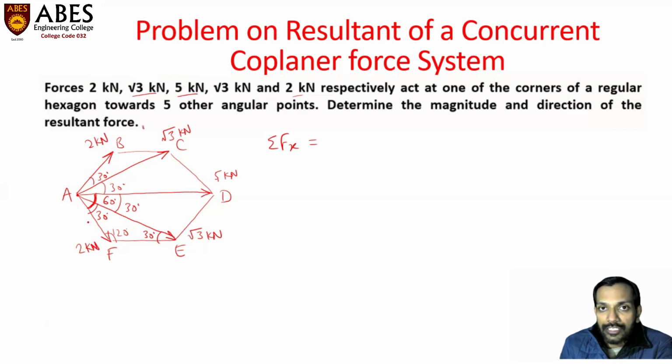So summation of forces along x-axis, that can be written as 2 kilonewton, and its horizontal component will be towards the right hand side. We will take it as positive. So it can be written as 2 cos 60 degrees, because the angle of this 2 kilonewton force is 30 plus 30, that is 60 degrees with horizontal, if we are assuming that this is the x-axis and this one is the y-axis.